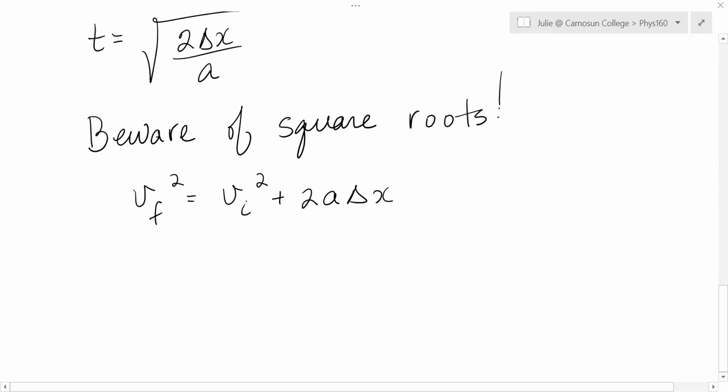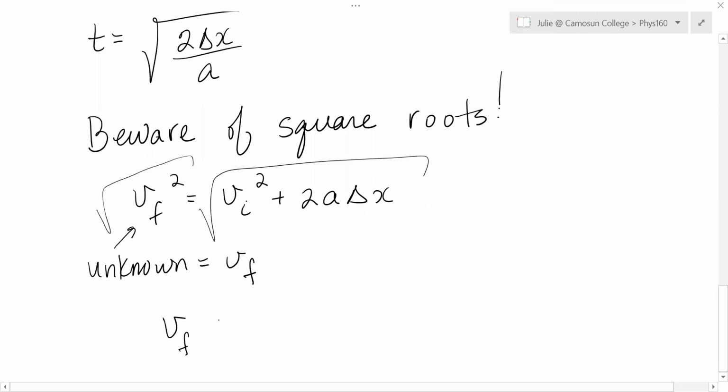And the unknown here is VF, and we need to solve for VF. Well, you have to take the square root of both sides of that equation. Square root of this, square root of this. And when you do that, you have to go in here plus or minus.